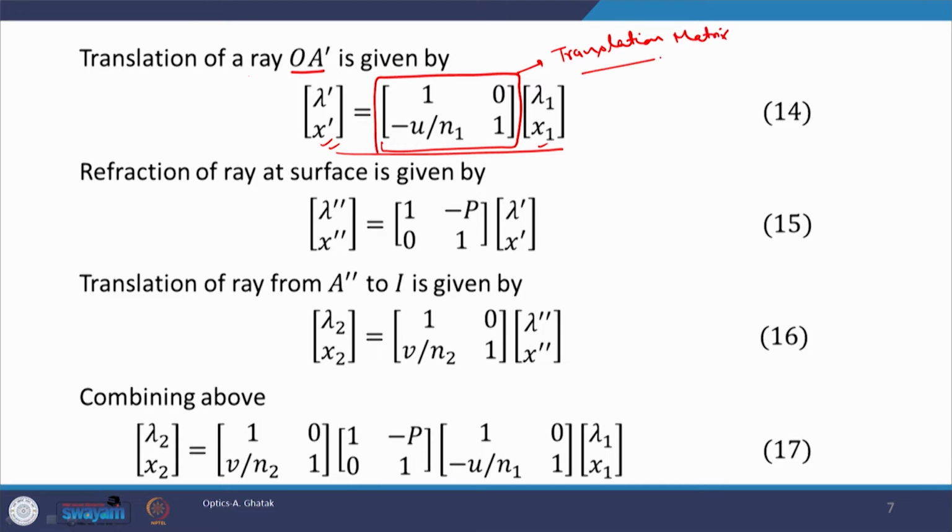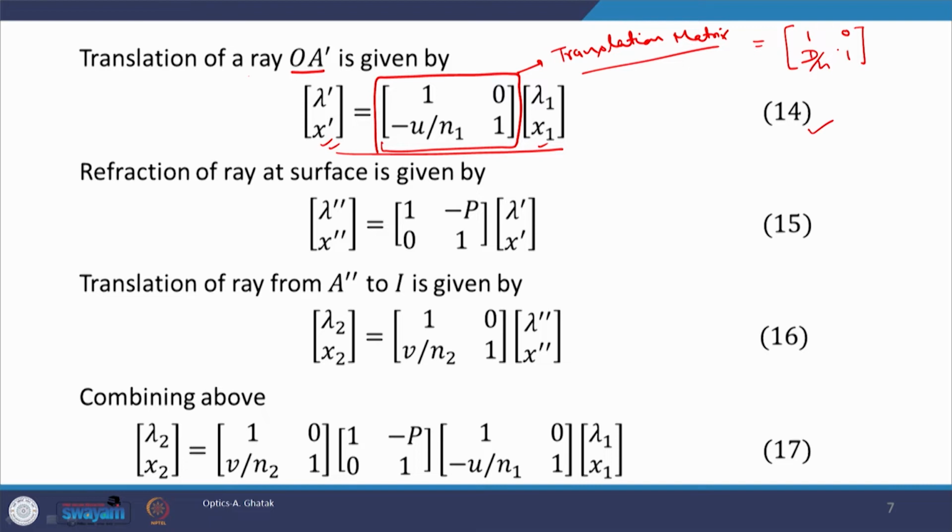And we have already derived the equation to connect lambda 1 x1 and lambda prime x prime in our previous class. Therefore, equation 14 represents this connection, and these coordinates of O and A prime are related with a translation matrix. We know that the translation matrix has the formula 1, 0, d by n, 1, where d is the horizontal separation between the points within which the ray is traveling.